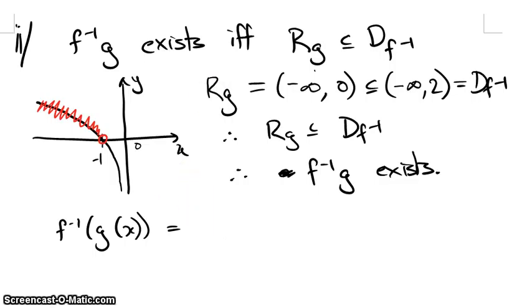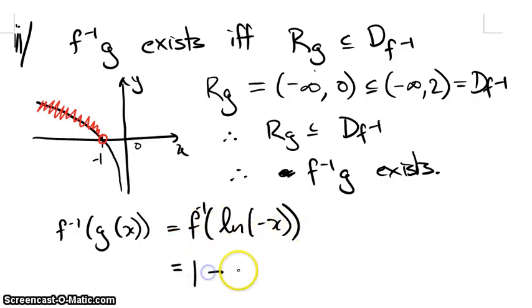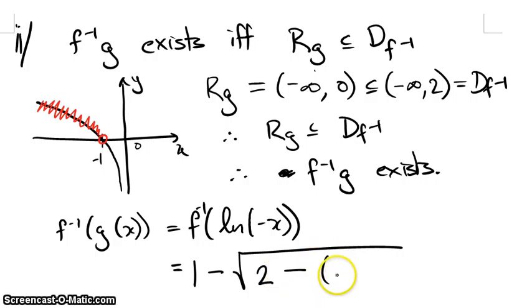I want to find out what is f inverse of ln of minus x. So f inverse is 1 minus the square root of 2 minus whatever our argument is. In this case, that's ln of minus x. So this can't actually be simplified, so we stop here.